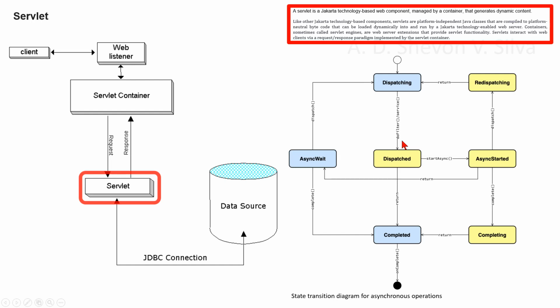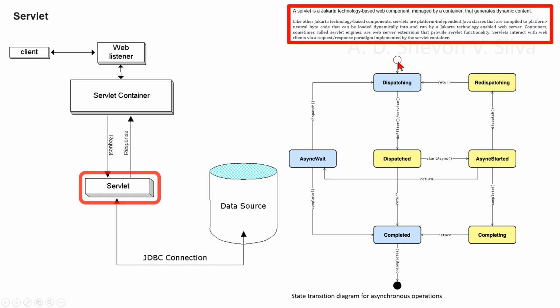The FilterChain passed to this method allows the filter to pass on the request and response to the next entity in the chain. There is no need to override this method. And this void service(ServletRequest, ServletResponse) method is called by the servlet container to allow the servlet to respond to a request.